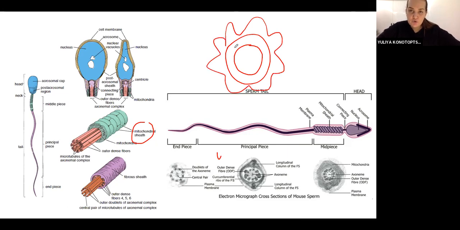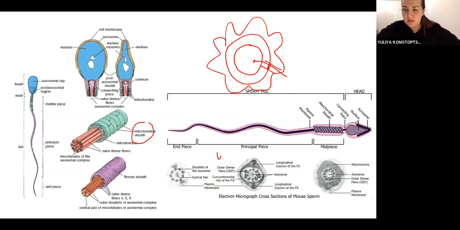So acrosome possesses digestive enzymes, and these digestive enzymes are needed to digest the zona pellucida, to make a hole through which the head of spermatozoa can squeeze in, and so fertilization could happen.